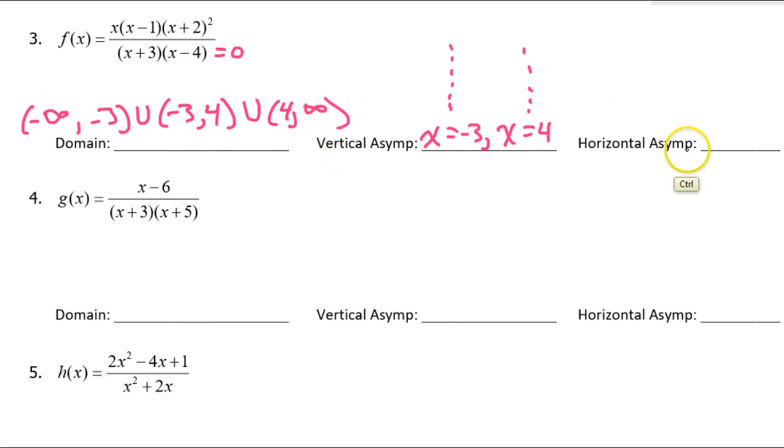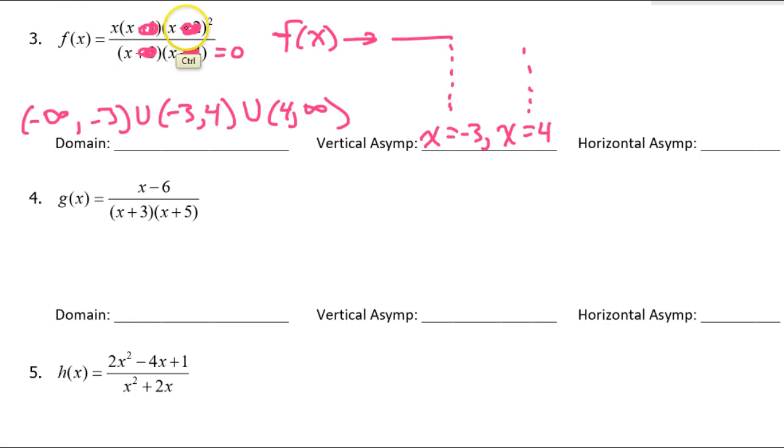Now, the horizontal asymptote is going to come from the end behavior. So as x gets bigger and bigger, what will happen to this function? Well, the negative 1 and the 2 and the 3 and the negative 4, those will become insignificant.